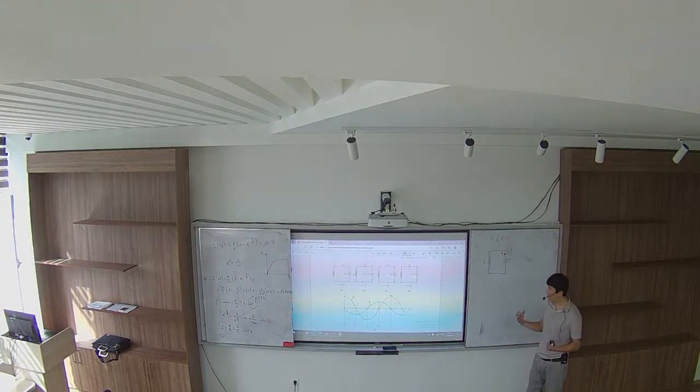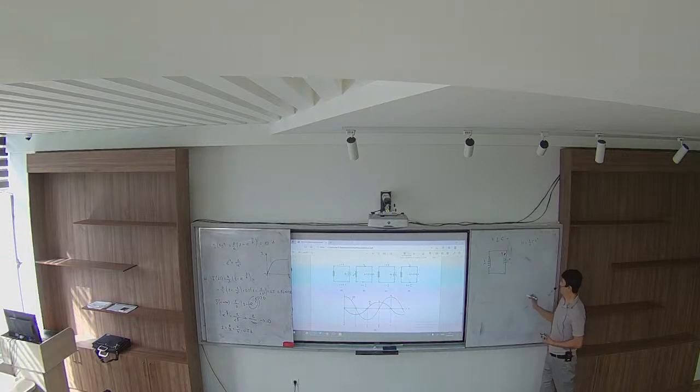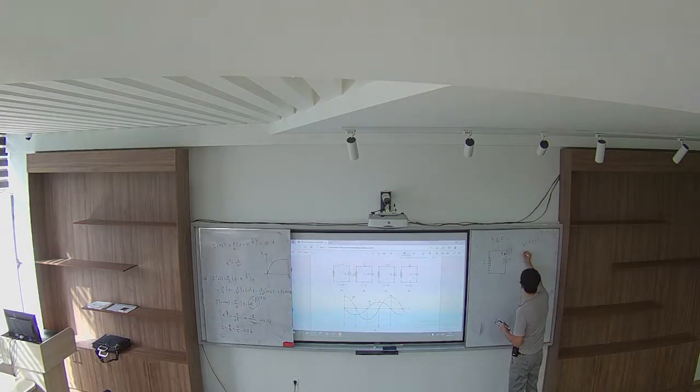In other words, here is the electric field, and the electric field energy is 1/2 C V squared. So we are converting electric energy to magnetic energy, and the magnetic energy is 1/2 L i squared.